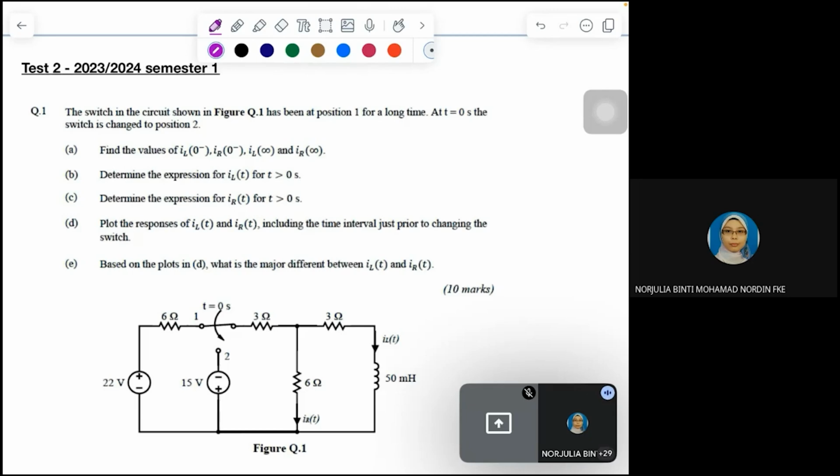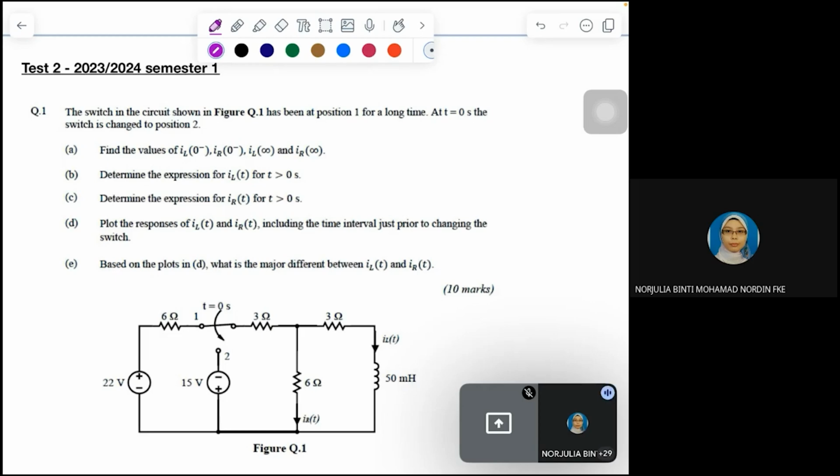Okay, let's look at question one, where question one is for first order circuit. In this particular case, when we see figure Q.1, we can see that in this circuit, we only have R and L elements. So obviously, this circuit is the RL first order circuit.